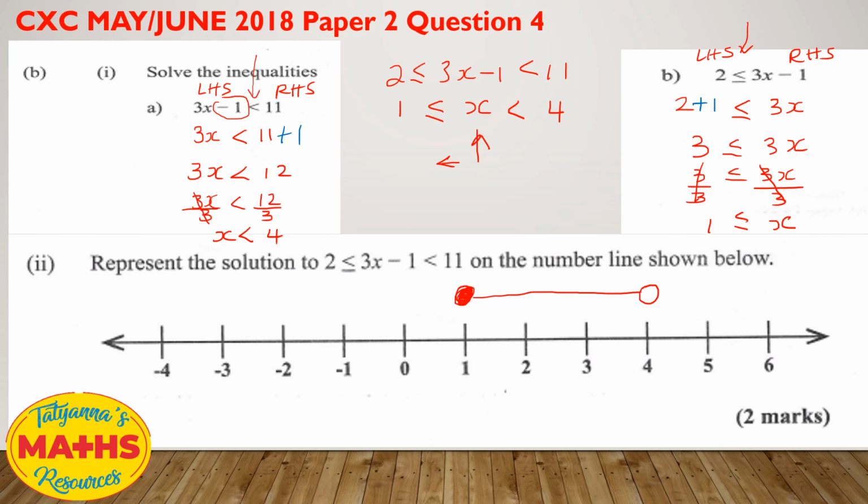So we're saying that x is more than or equal to 1, less than 4. So the answers are 1, 2, 3, but we will not include 4. So if I had to list the solution, I would write 1, 2, 3. I cannot include 4 because there's a circle above it and it's not shaded, so it does not include 4.